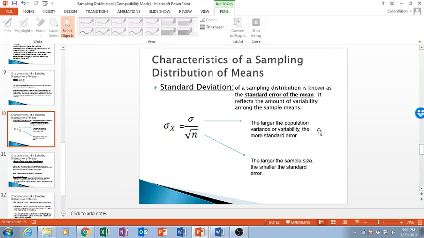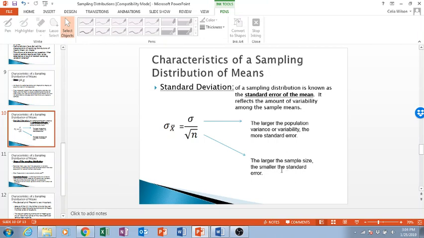And if you kind of mull that over for a minute, what it's saying is the larger the population variability, so if you're sampling from a population that is really spread out, high variability, the standard error of your sampling distribution will also be spread out.